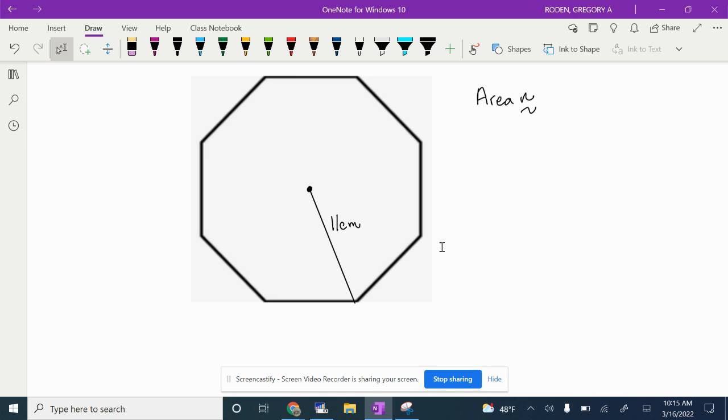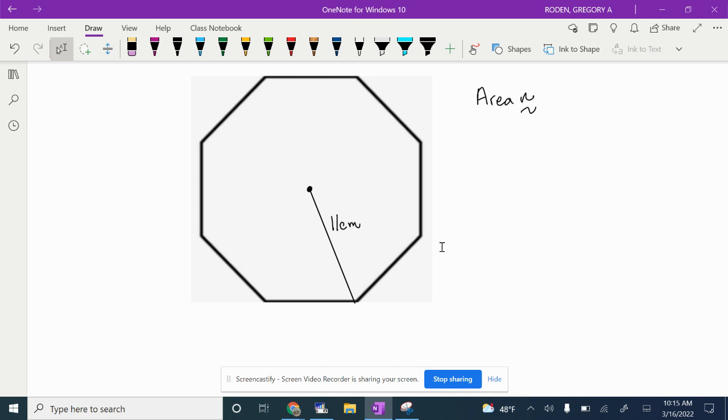Because the other one gave you the sides, so you just multiply it by 5, right? This one I'm not going to be so nice. Don't you guys want a mental challenge on this one? We need a side first. You're going to need the side and the apothem, right?